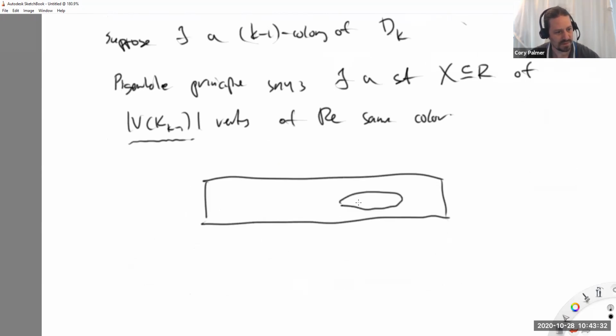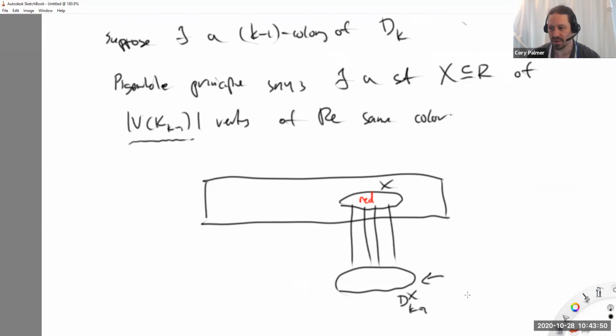Okay. So this is this X, and every vertex in there is red. Now, look at the D_{k-1} corresponding to X. There's a matching between these two. So what does this tell you about the color red and D_{k-1}? There's no red vertex in there, because all these guys are red up here, and they rule out red for all those.